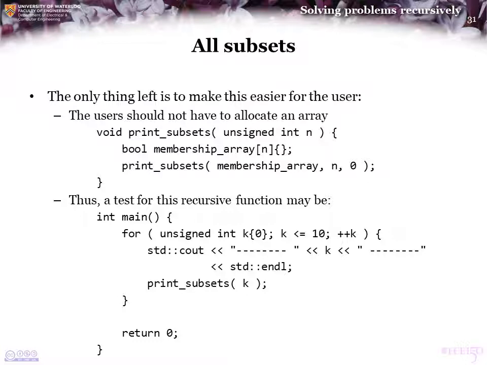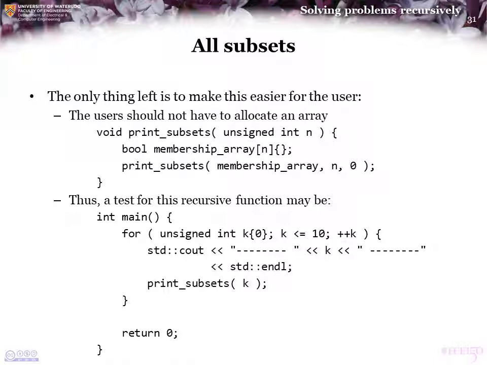Now notice that there is indeed one subset of nothing, and that is nothing. So this should print 1 for k equaling 0, 2 subsets for k equal to 1, and so on and so forth. And this does. Okay, so now we've implemented the all subsets function.